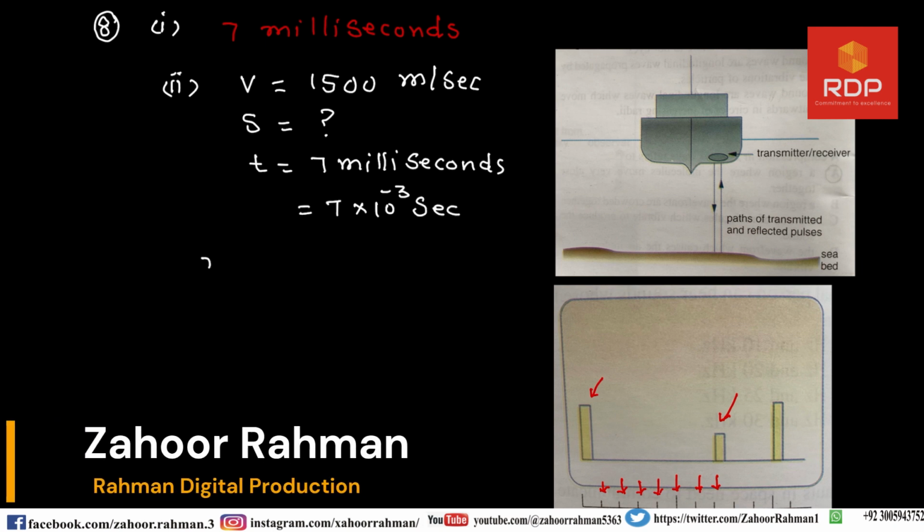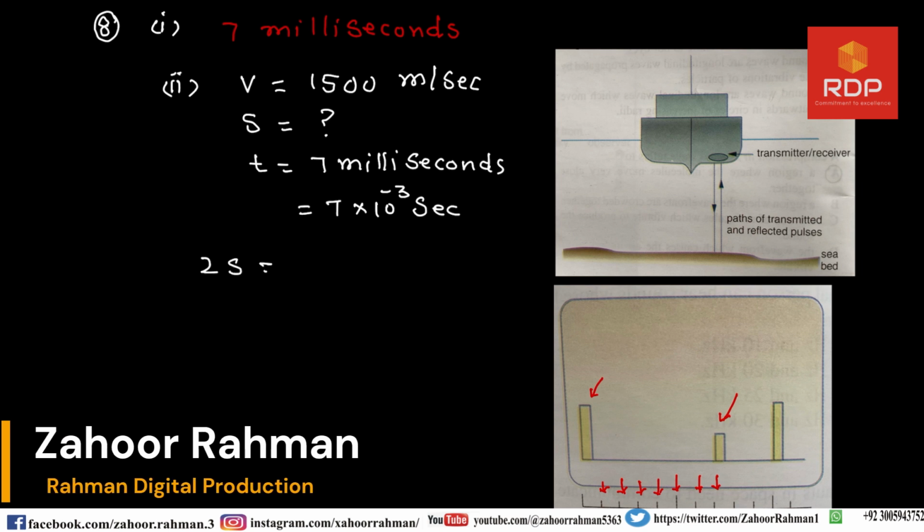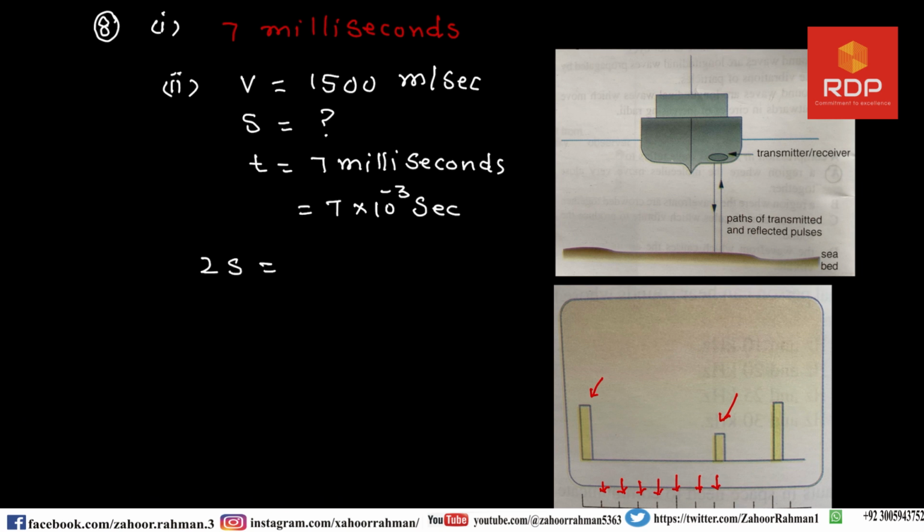Now we will write 2S is equal to v cross t, because we can see that one is this way and the second one is this way, so it will be 2S. Now we can say that S is equal to V cross T divided by 2.